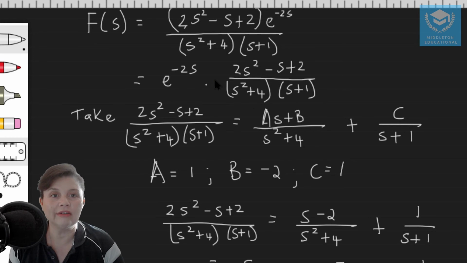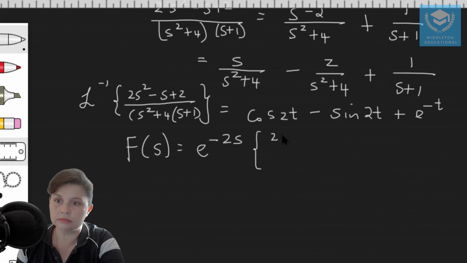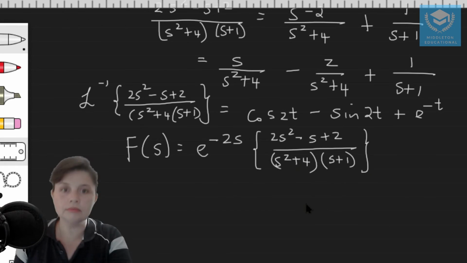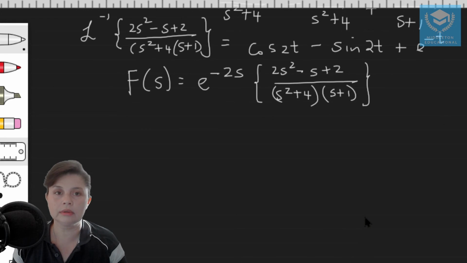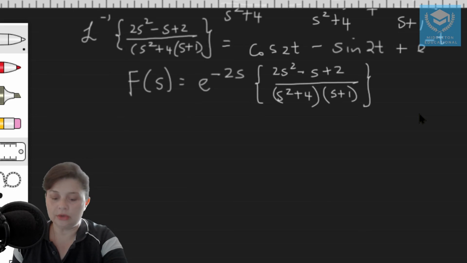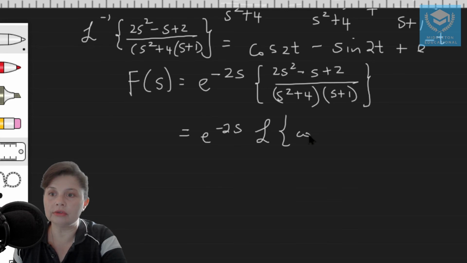We now have the inverse transform of the fraction, so I'm going to rewrite that. Now we can write our original example as e to the minus 2s times the transform of cos 2t minus sine 2t plus e to the power minus t.